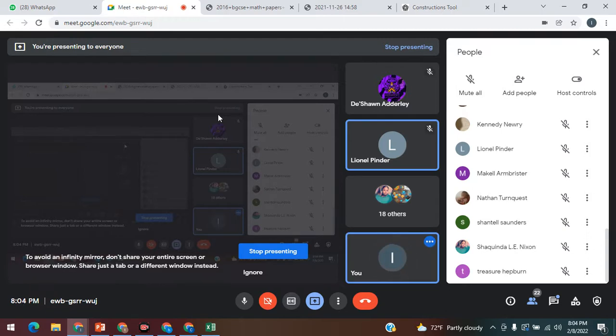And so, some of the laboratory apparatus that we were talking about last time, can anyone remember? What are some of the laboratory apparatus that we were talking about last time?